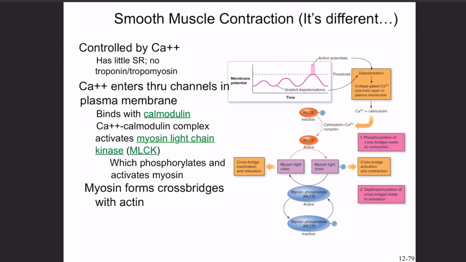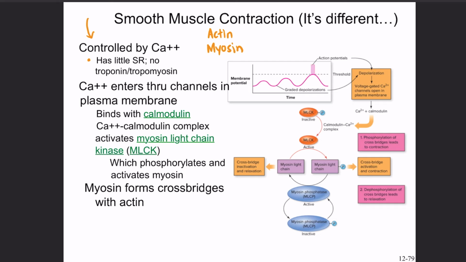Smooth muscle contraction is a little different. It's also controlled by the calcium here, but there is little sarcoplasmic reticulum and there is no troponin or tropomyosin. And so the only contractile proteins here are actin and myosin.